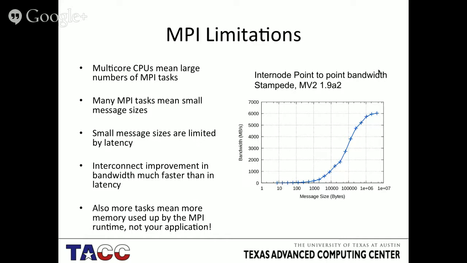It also starts having trouble just handling all these tasks. For example, if you want to start a 50,000 or 100,000 core job, you might have to wait 30, 40 minutes just for MPI init to connect to everybody, without your job even having done anything at all. So running at very large scales only with MPI starts to be a problem.